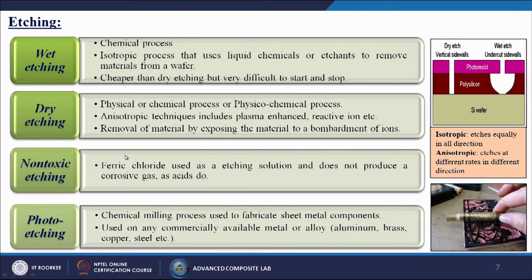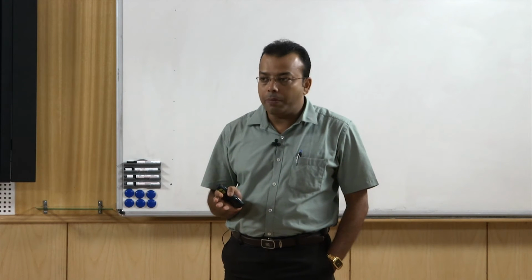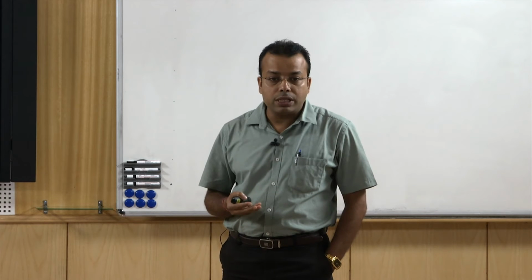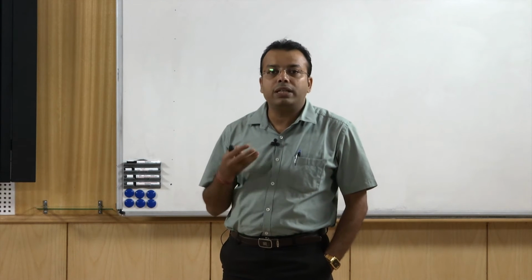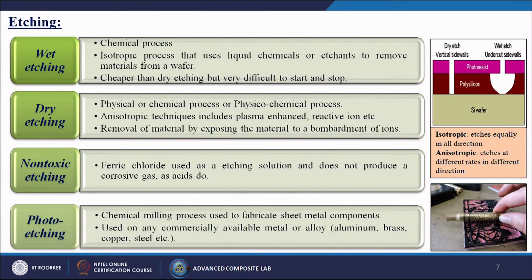What is called wet etching? The first one is a chemical process, because we are using some kind of liquid or solvent in liquid form. That is why it is called wet etching. It is a chemical, isotropic process that uses liquid chemicals or etchants to remove materials from a wafer.